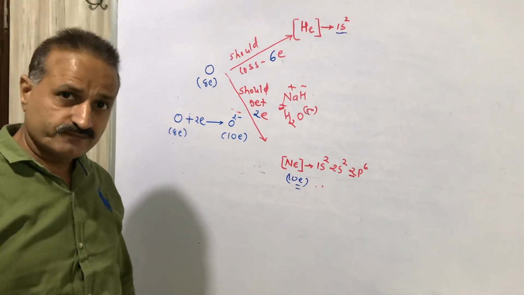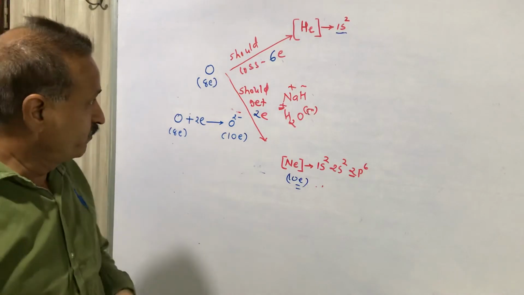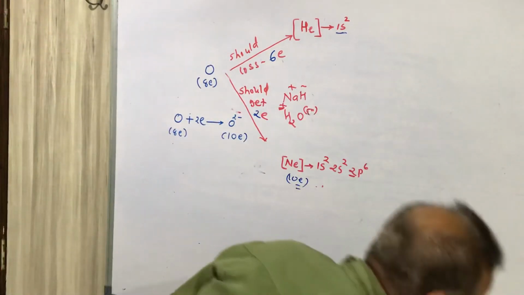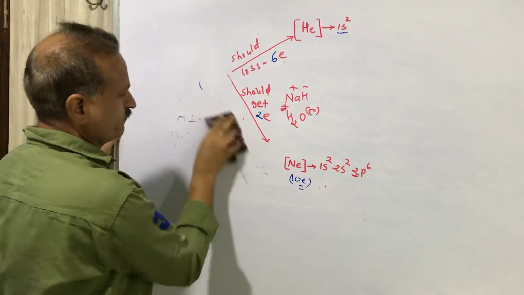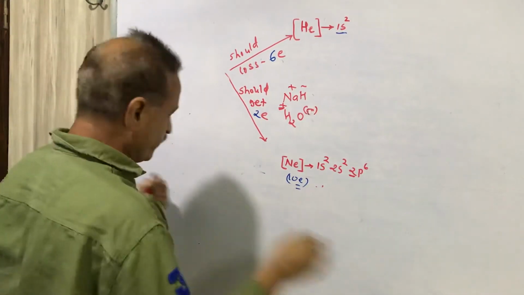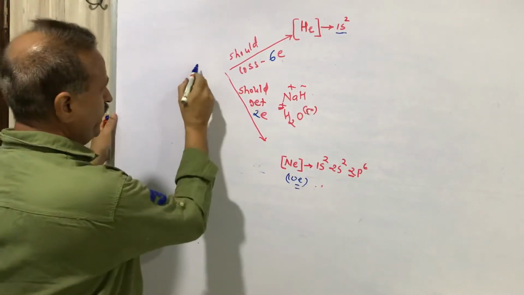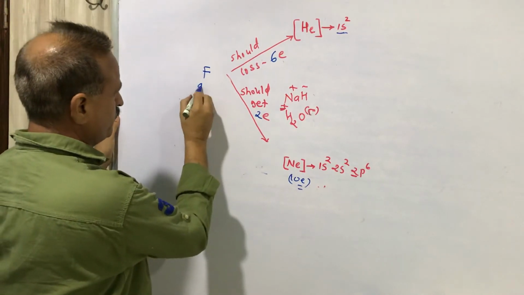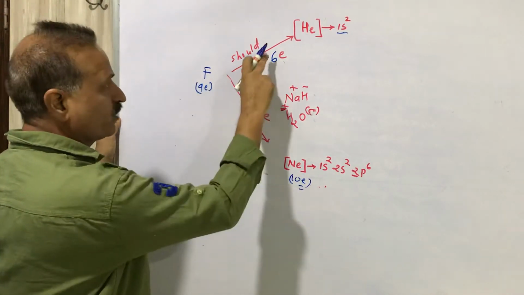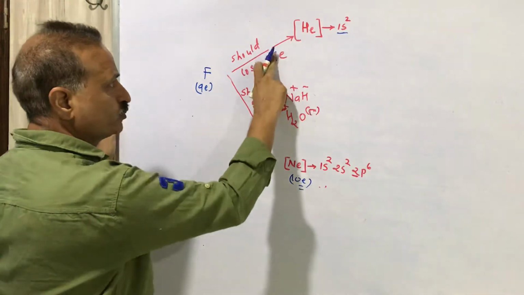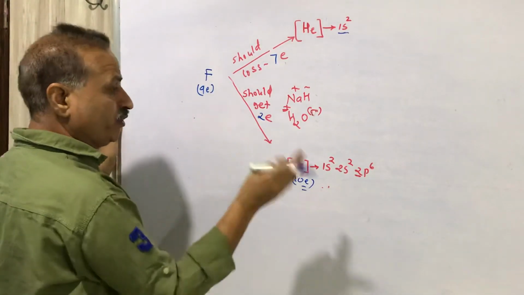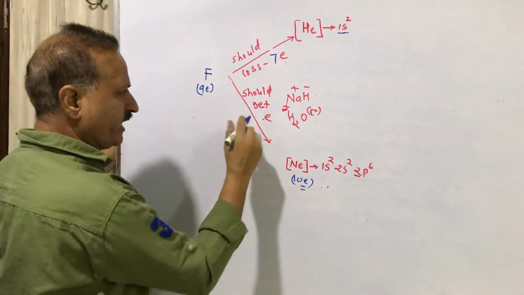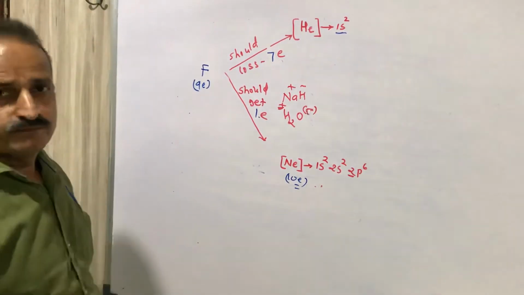Very easy. Now fluorine's turn. Let's discuss fluorine. Fluorine has 9 electrons. If it wants to convert into helium, it should lose 7 electrons. If it wants to convert into neon, it should get 1 electron.